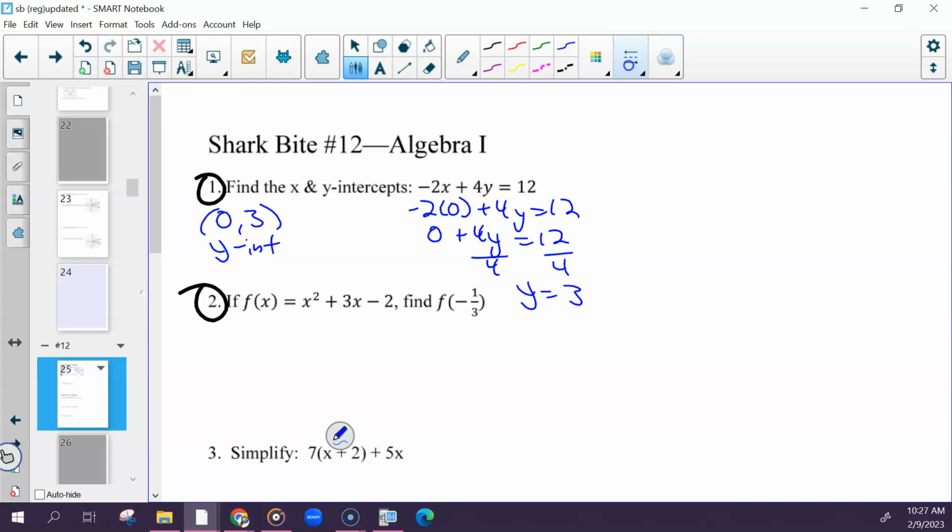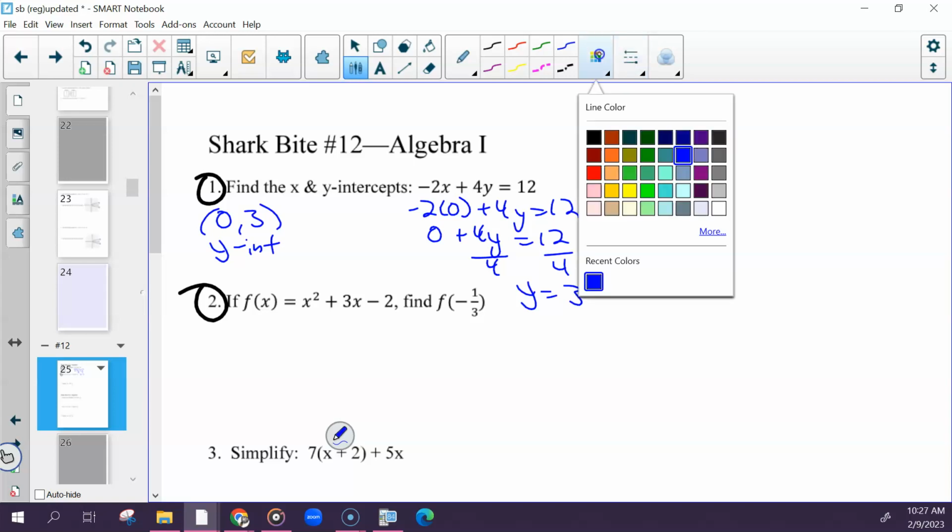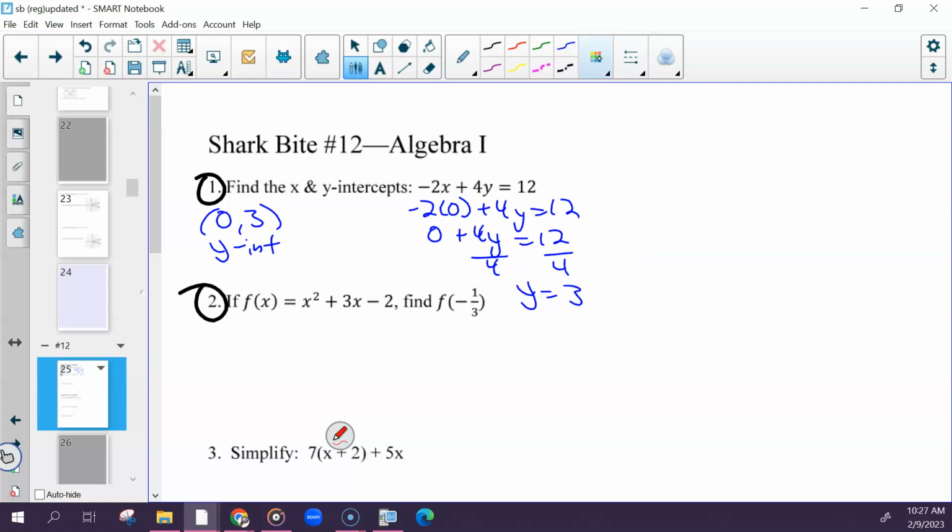Then I could do the same thing to find x, but I'm going to skip some steps. If I were to put 0 in for y, it would also become 0, so I'm just going to hold my hand over that, pretend I put 0 in, and just set up my x equation and solve that.